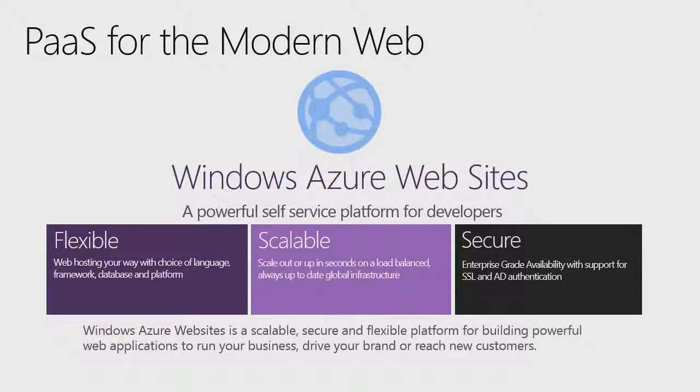You can create new applications from scratch or deploy existing ones built in ASP.NET, PHP, Python, or Node.js. It's that flexible. It's also very scalable, making it easy for you to scale up your site to larger instances or scale out to multiple ones. And finally, it's secure with enterprise-grade availability with support for SSL and Active Directory authentication, making it possible to build applications for business workloads.